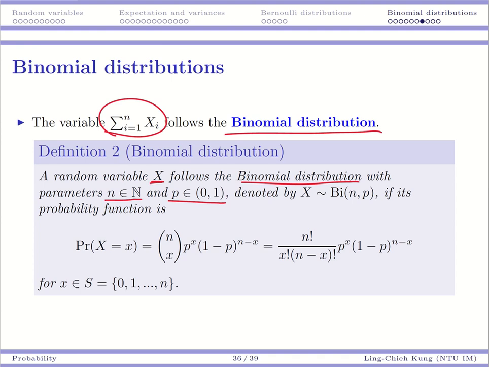You do n trials, and the number of successes you observe follows a binomial distribution with parameters n and p if the probability function is the following. We first do n choose x to get the number of possible combinations of getting x successes and n minus x fails. And then for each possible combination, we have the probability p to the power of x times 1 minus p to the power of n minus x. That's the probability function for a binomial distribution.